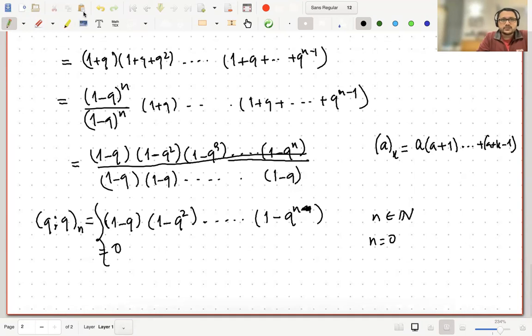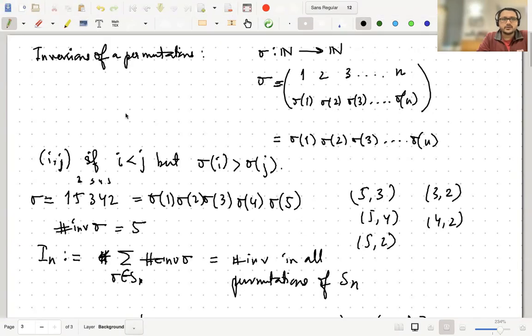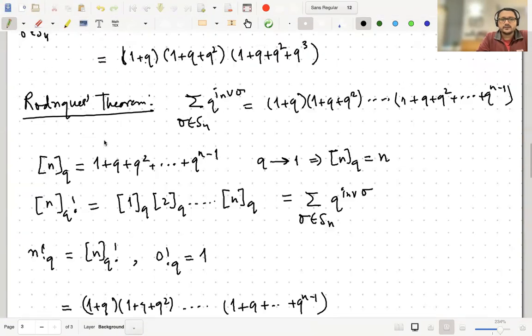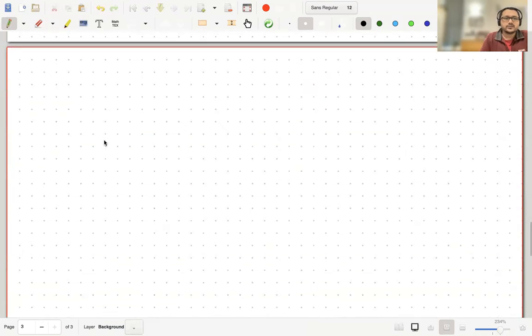I can have a more general q Pochhammer symbol, and this will have two parameters now, not only q but also a. So let me also take the opportunity to define it. So there will be again two cases depending on whether n is equal to 0 or n is greater than 0. We can also define it for negative n, which we are going to do soon, but not right now.